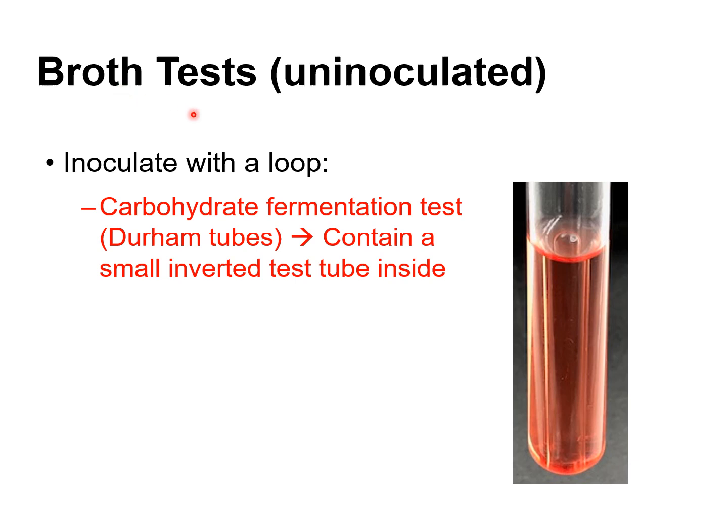But what's the specific name for it? Well, this test that we're going to talk about right here is called the carbohydrate fermentation test. And this broth that you are seeing right here, this is an image of it when it's uninoculated, meaning that you didn't introduce any bacteria into this broth yet. Why is it important to see an image of this carbohydrate fermentation test when it's not inoculated?